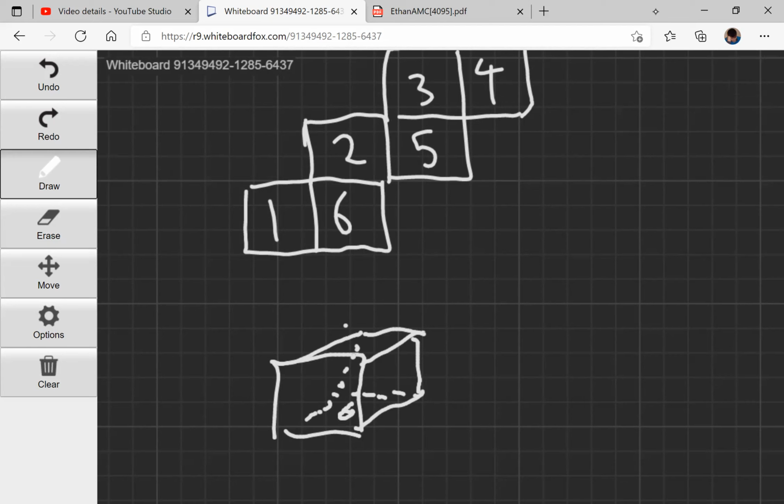So you have a 2 here, and there's a 1 here, yeah? See if I flatten this out, actually the 1 would be behind.